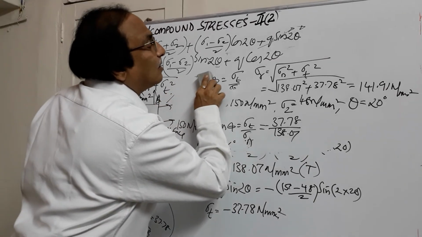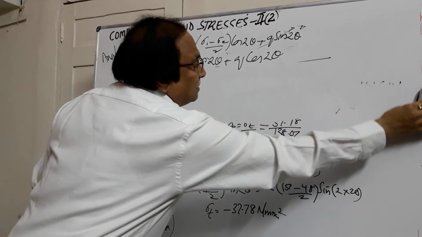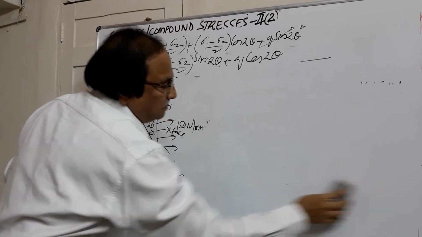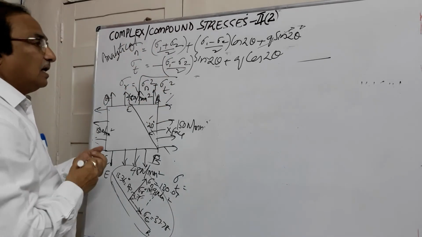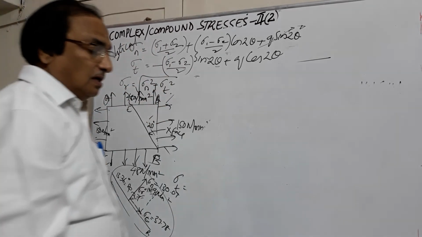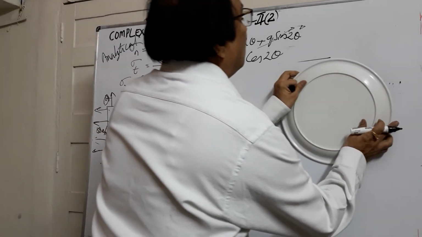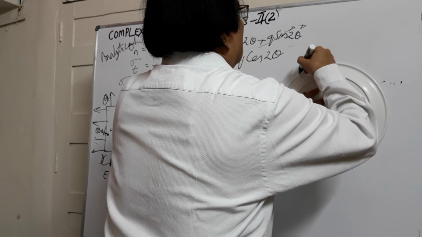Now with this background, let me show how to draw the Mohr circle diagram using the same problem.